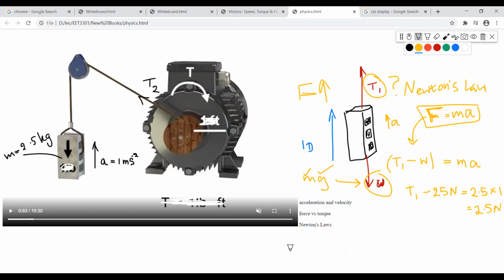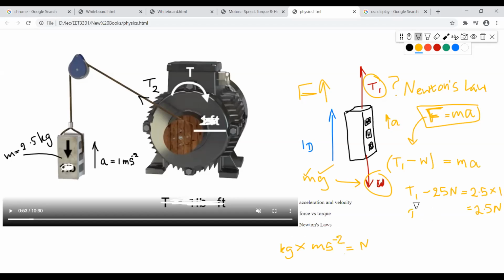You know that when I multiply kilograms by meters per square second, it's going to be the same units of newton, right? So no unit conversion is required here.